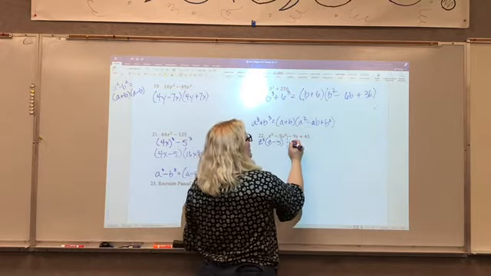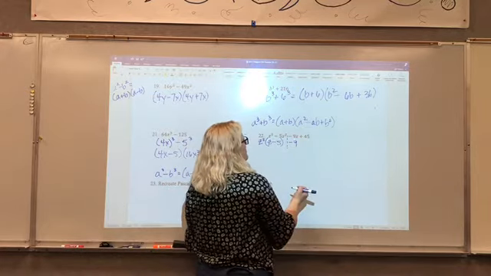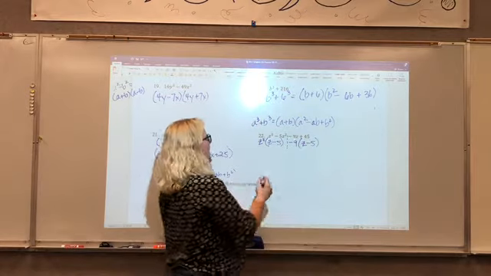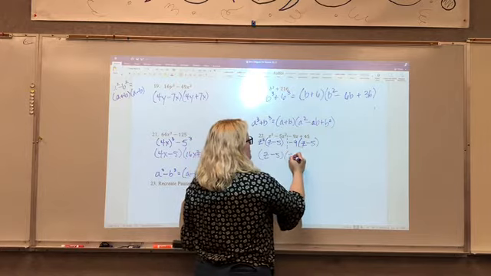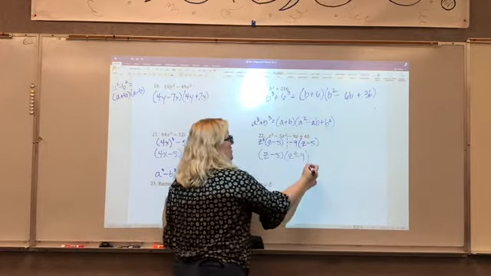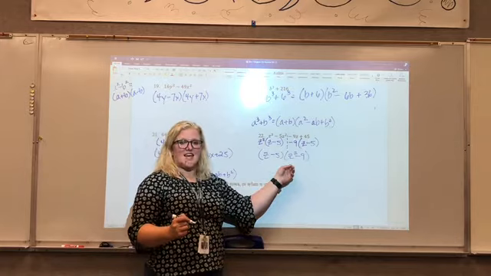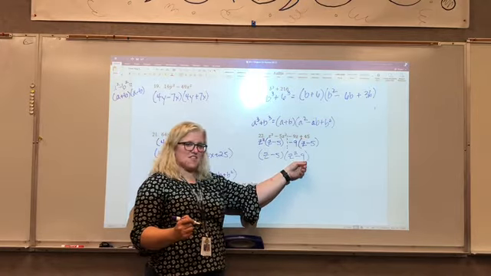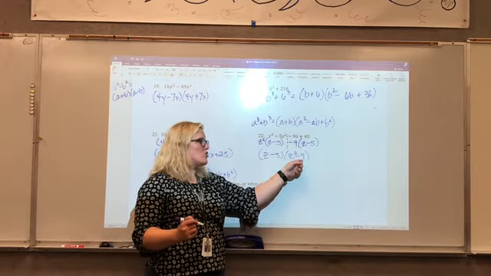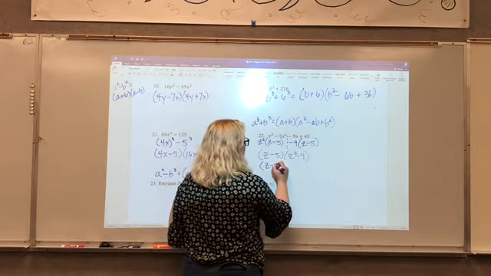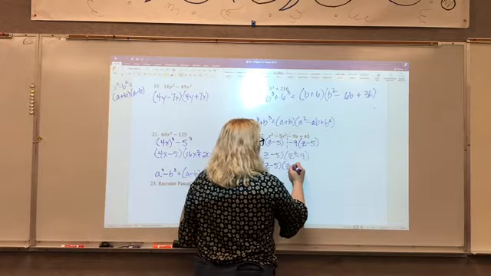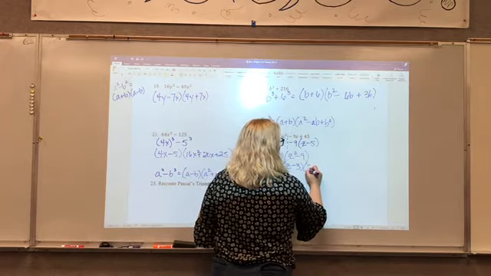Over here, I can pull out a negative 9, and I'm left with z minus 5. So I've got z minus 5 times z squared minus 9. But here's the thing, I'm not done, because I have the difference of 2 perfect squares. So I can take this one step further. So that's z minus 5 times z minus 3 times z plus 3.